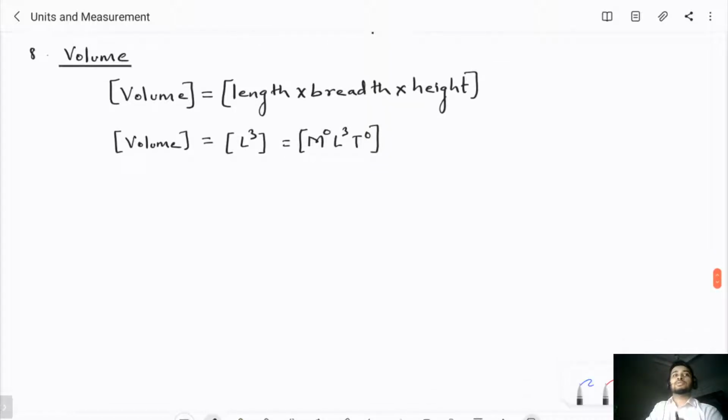Next physical quantity we can see density. So density formula is mass by volume.